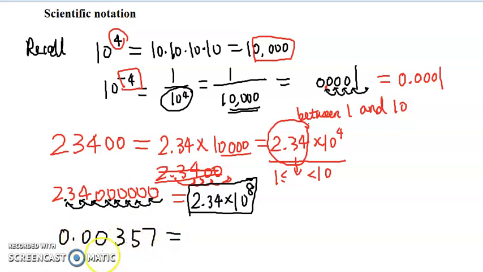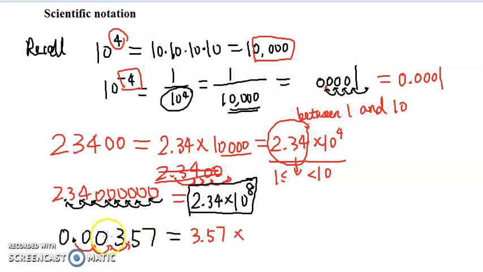Similarly, this time we're going to move the decimal point to the right so we can get a number between 1 and 10. Starting from this decimal point, we move it 1, 2, 3. We can stop right here because 3.57 is a number between 1 and 10.